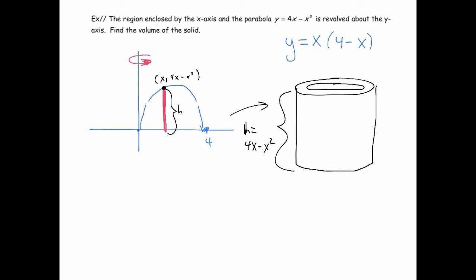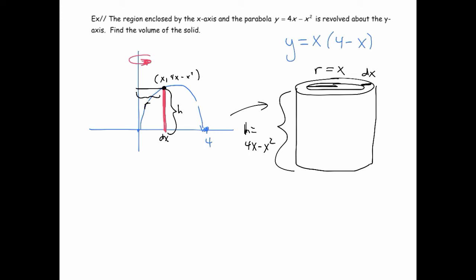All right, and then the radius here, the radius is this distance here, but that's just that x-coordinate there, which is just x. So r equals x. And then the actual thickness here is clearly dx because we drew a vertical rectangle.